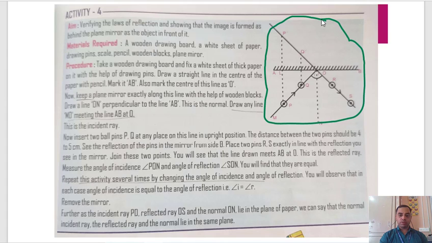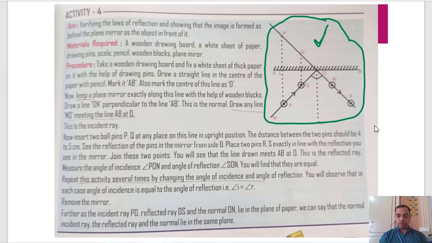But right now, as you are not coming to school due to the corona pandemic, we have not been able to do it. But when you come to school, I assure you that you are going to do the experiment in the physics lab. So what you are going to do: you put a mirror right over here. From here, you draw a straight line. Randomly take any two points on the straight line and put two needles over here.